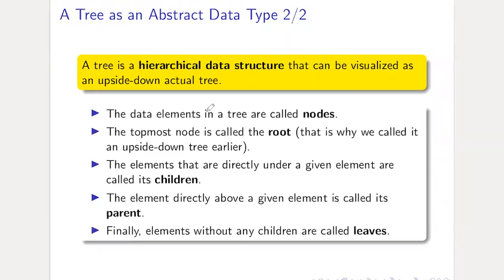So here, the elements of the tree where we have the data are called nodes. The topmost node is called the root. I explained to you why the upside down business is there. If you have a particular node, and then you can have other nodes below that, and you can have a hierarchy of nodes going like that.